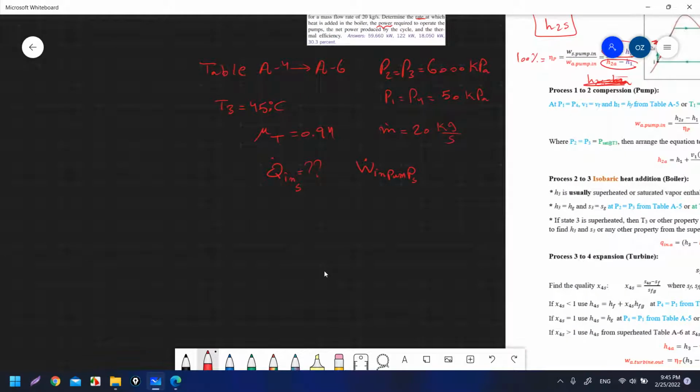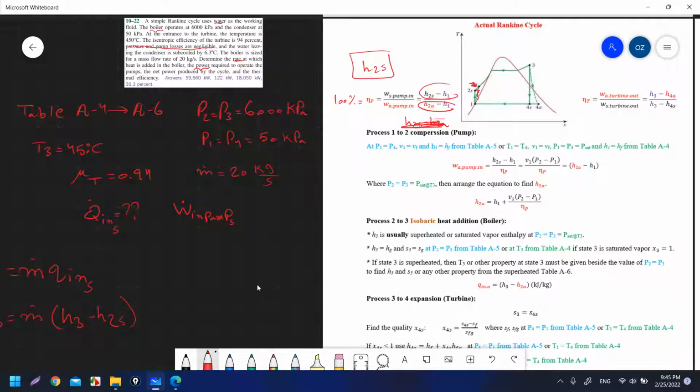So Q dot in s is equal to m dot, the mass flow rate, times q in for the ideal cycle, and it is equal to m dot times (h3 minus h2s). And for the work of the pump, we will not use this equation.